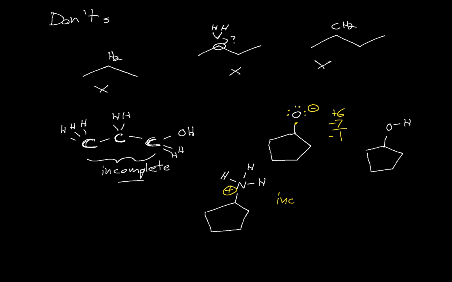It's an incorrect structure. So people will lose points on these various kinds of things, saying, well, I drew everything that was there. It's like, no, the charge is part of the structure. Always remember that the charge is part of the structure.